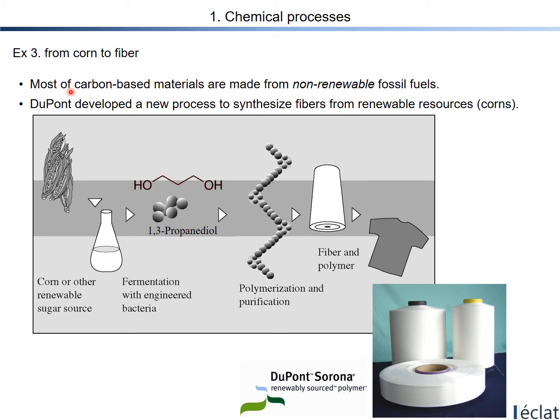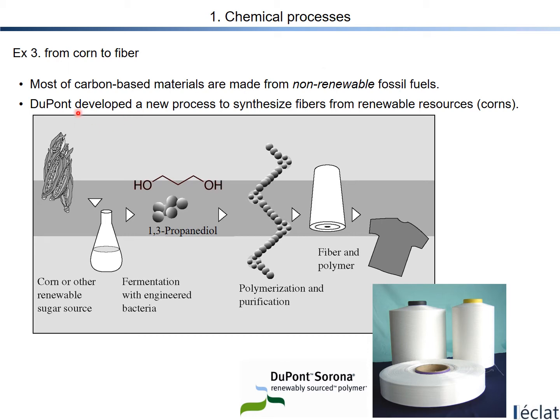Most carbon-based materials are made from non-renewable fossil fuels. So for example, some polymers are made from some coals or crude oils or some natural gas or something like that. Everything is non-renewable fossil fuels.